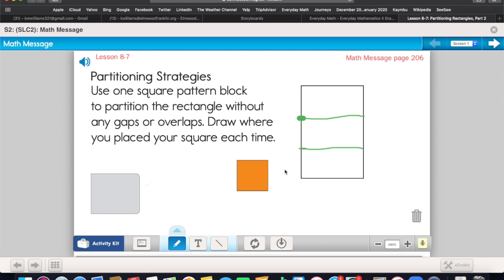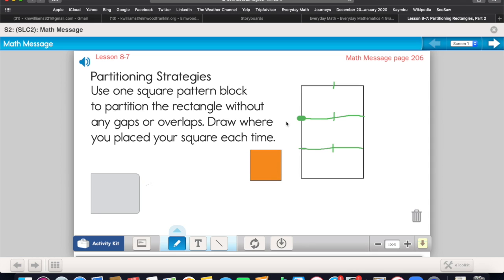And remember, I'm just freehand drawing, so I'm making them as equal and as straight as possible, and you'll be doing the same. And then I take my pattern block again and I look and I see, well, how many blocks will fit in each row? And I can quickly see that two blocks will fit in this row. And you might be saying, Ms. Williams, why are you doing so many? You can already see that it's two. Why are you doing every row?